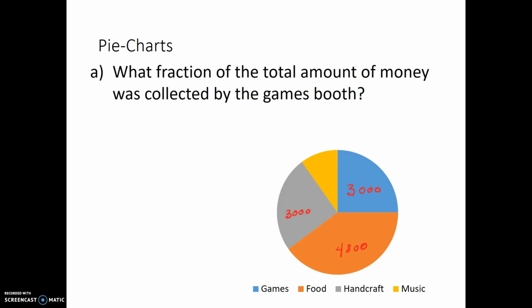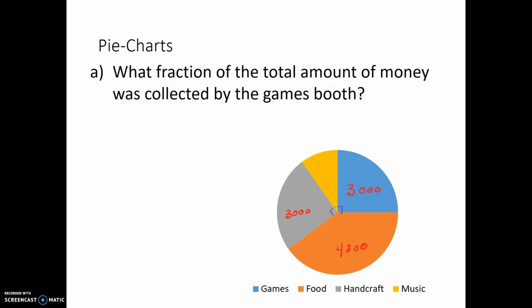Okay, our next question is a pie chart that depicts the amount of money collected by various booths at a carnival. And you have some little squares on your notes that look like this. Those little squares mean that those angles are 90 degrees.